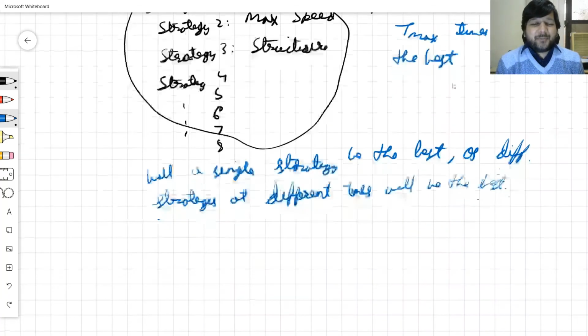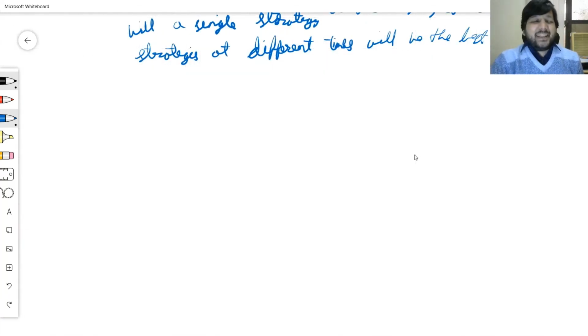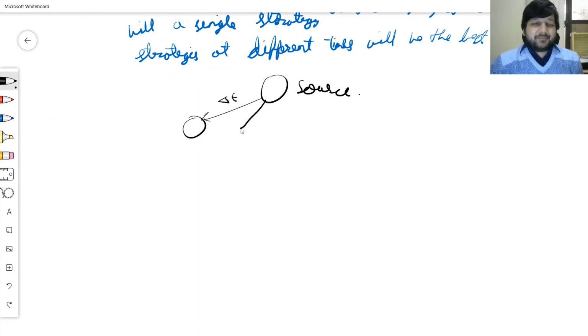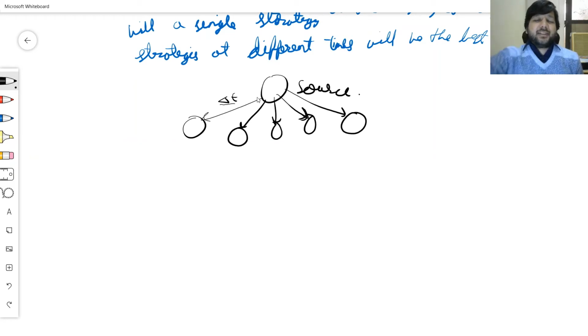Now I've got all permutation and combinations possible, and therefore what I do is I do a graph search. This is my source condition. I apply all the strategies for delta t times, where delta t is a small constant. This is also a resolution. So if delta t is extremely small, you are doing a high resolution search.